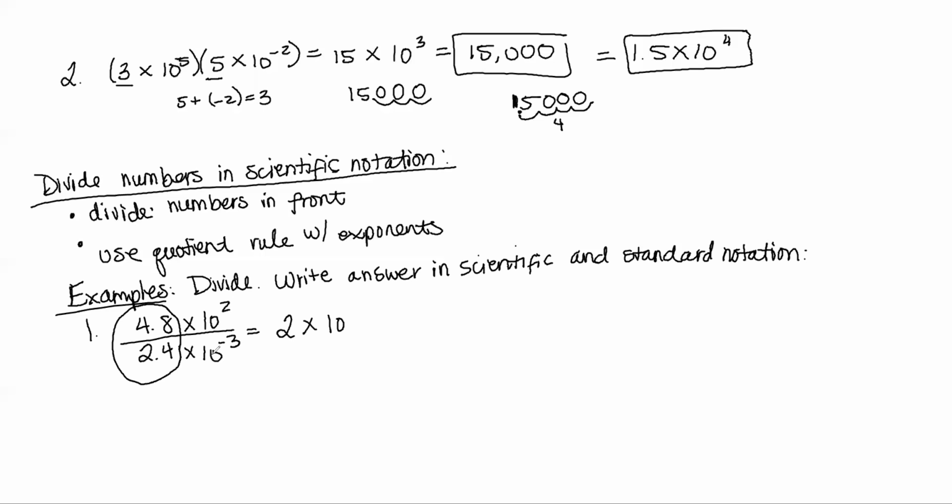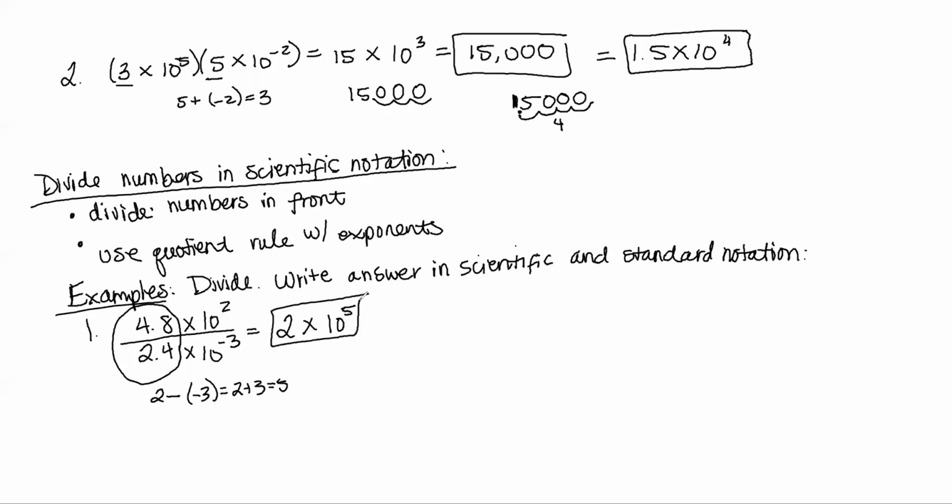So we don't really want to move this negative third up to the top. You can, it's going to look a little bit uglier now that we're dealing with scientific notation. So what I'm going to do is write the subtraction off to the side. Just be really careful with your signs. So 2 minus -3 means that we're going to do 2 plus 3, which is 5. So 10 to the 5th.